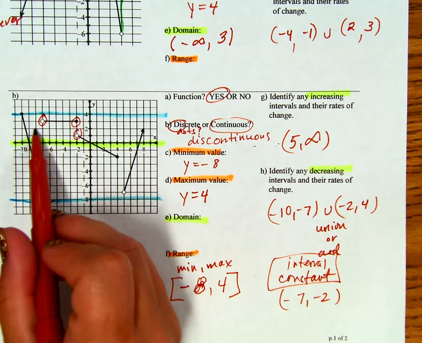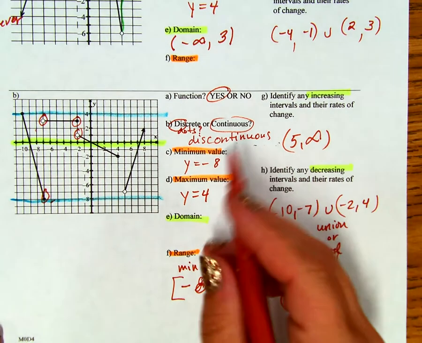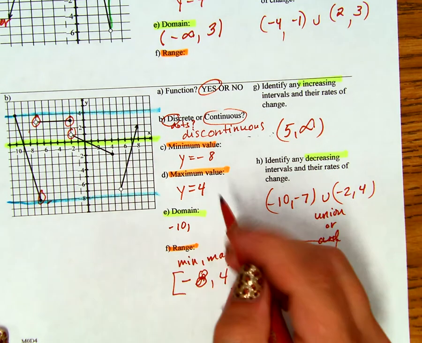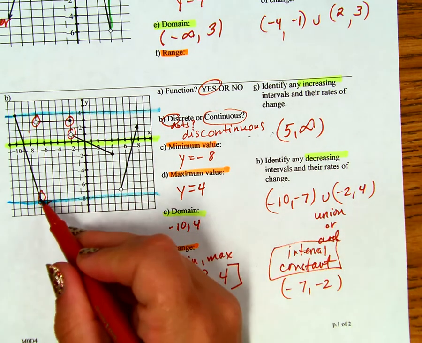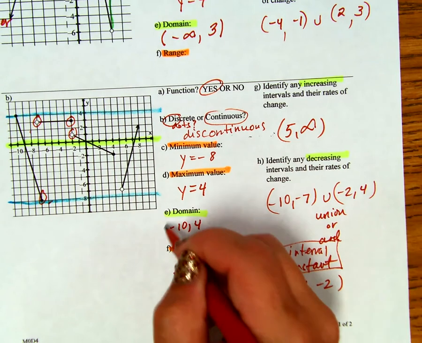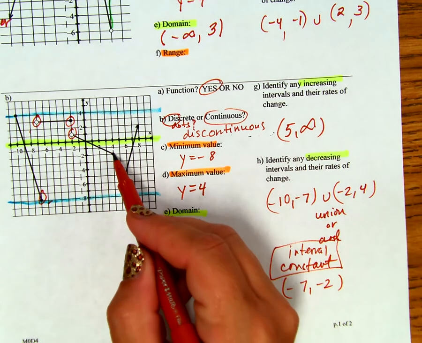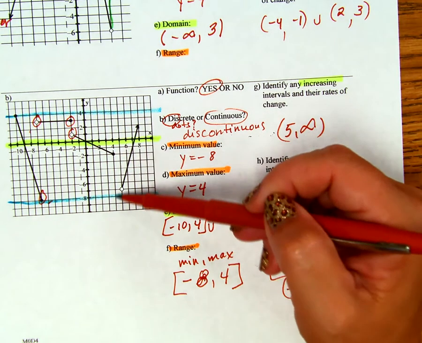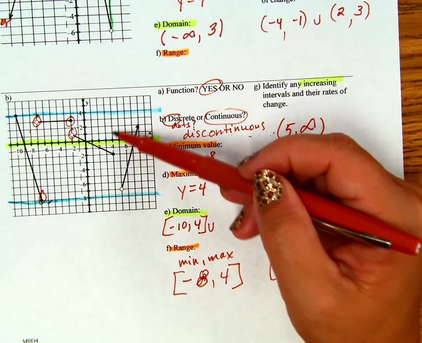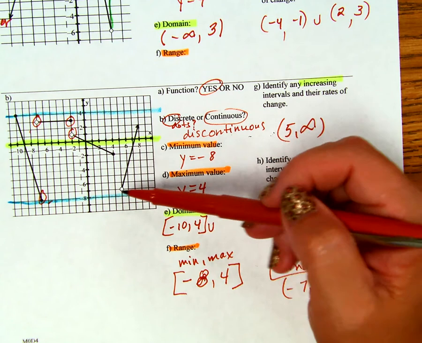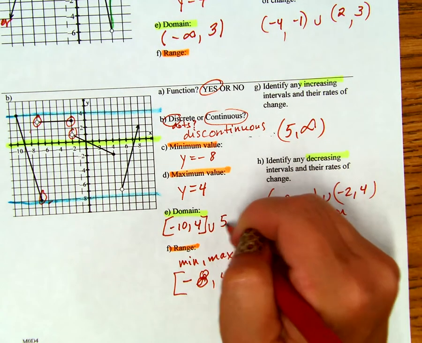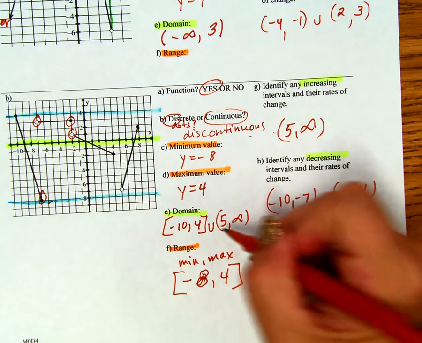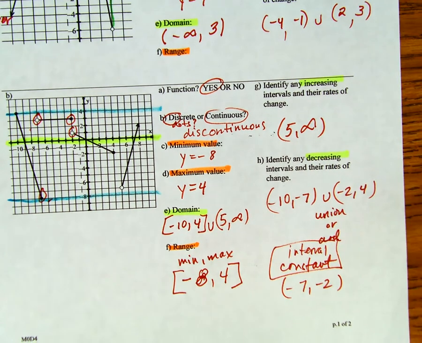So these separated sections of the graph are actually one domain going from -10 all the way up until 4. We're going to include the first value at -10, and we look at the 4 and see a closed dot also, so we include it. But then there's a gap in your graph where any of those x values in between 4 and 5 are not included. So we start back up again at 5, that goes to infinity, and notice the open dot there, so we do not include the 5.